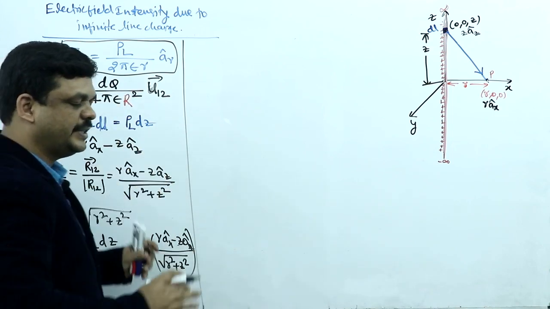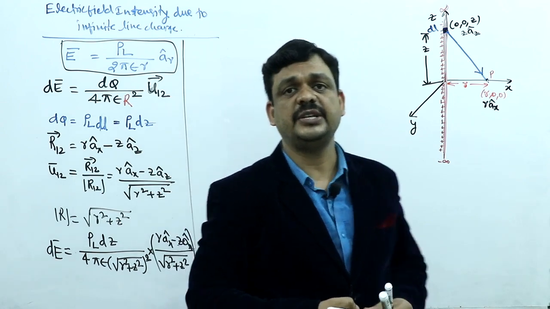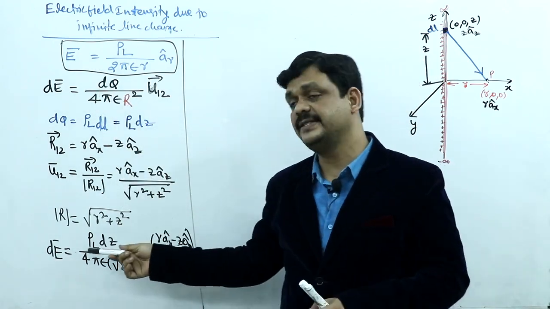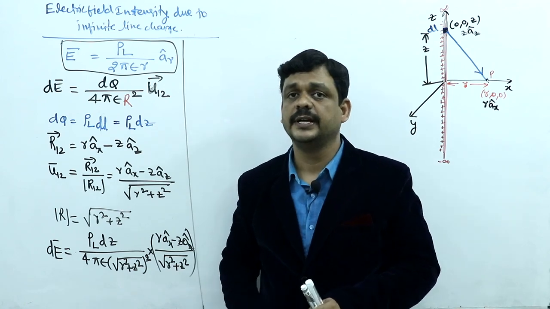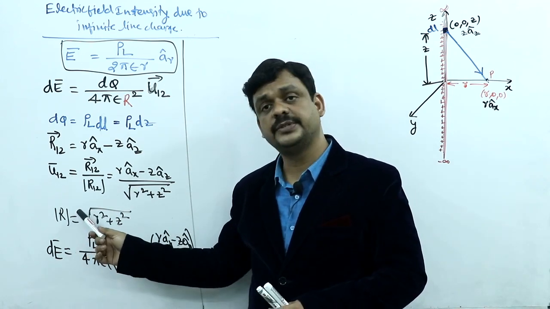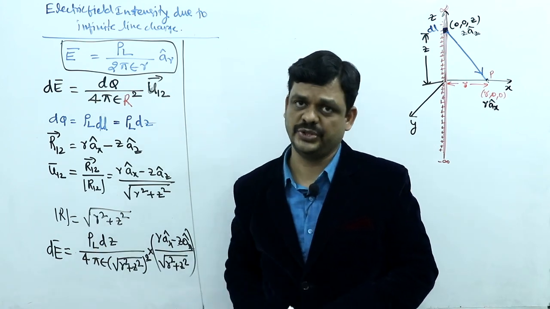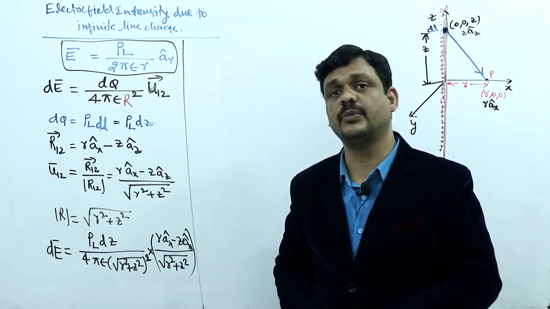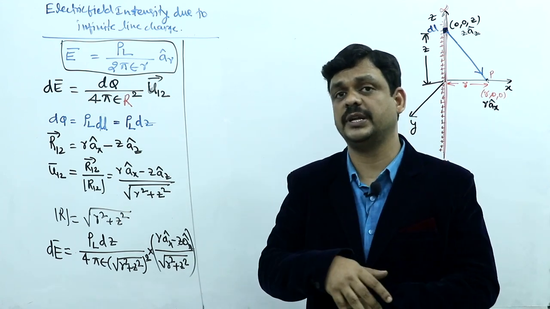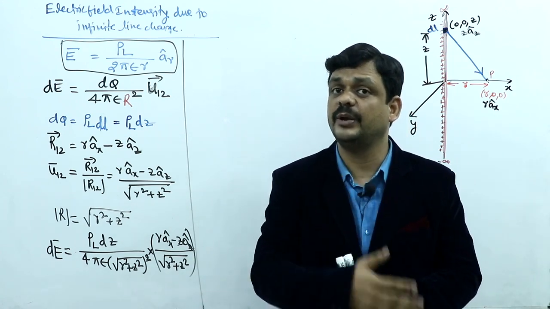Then we have to simplify that. For simplification, we have to find the capital E, but here we have D, the differential electric field intensity. Then we have to cancel the D part. To cancel the differential, we have to apply integration on both sides. Which type of integration? One time, two times, or three times? That means line integral, surface integral, or volume integral.